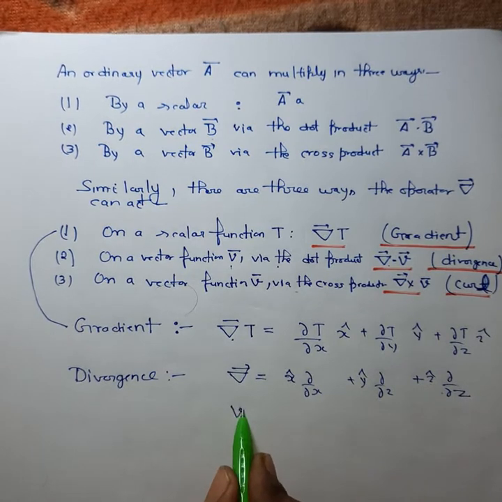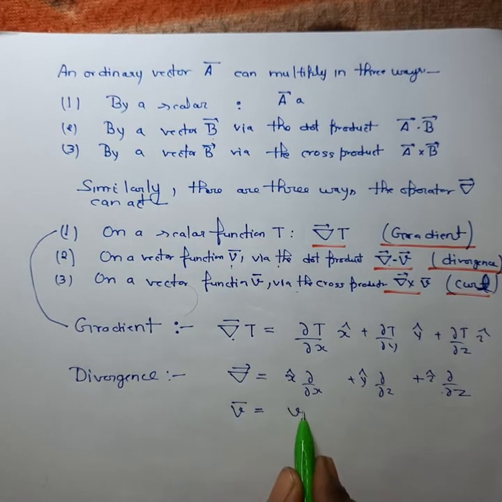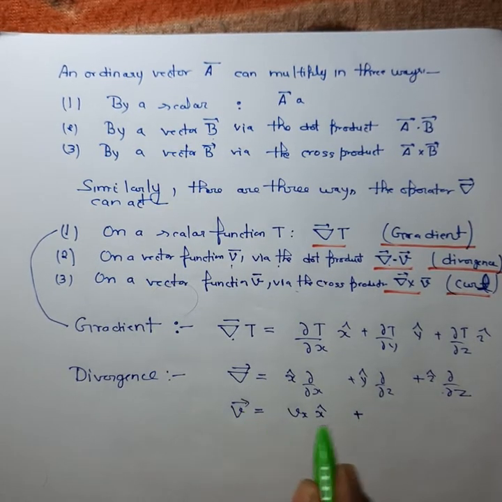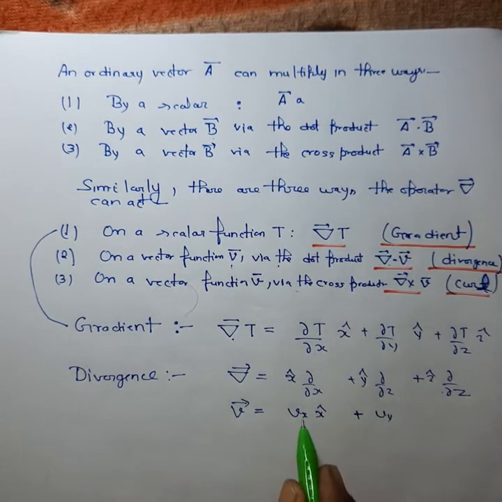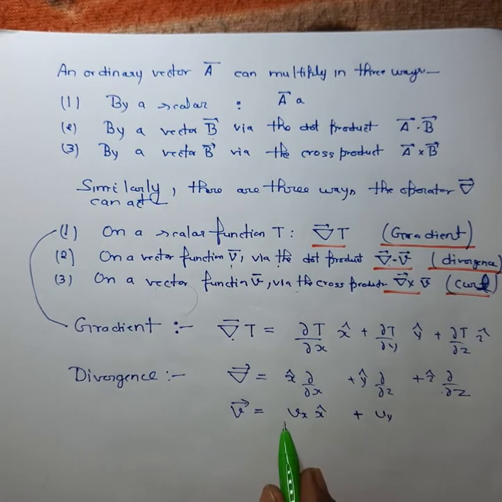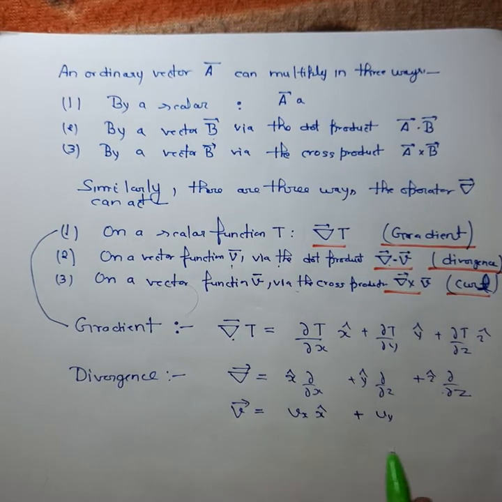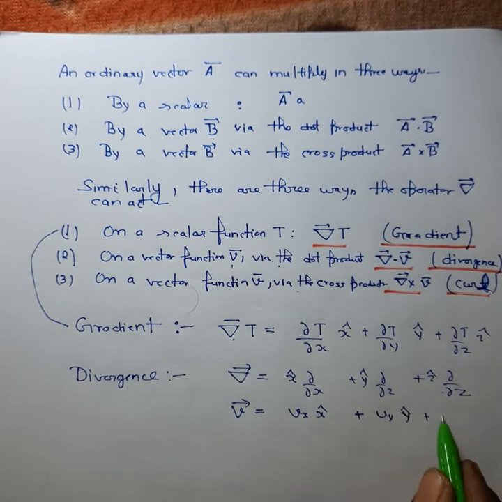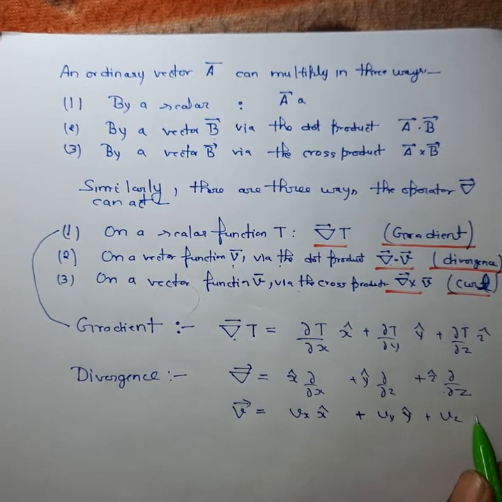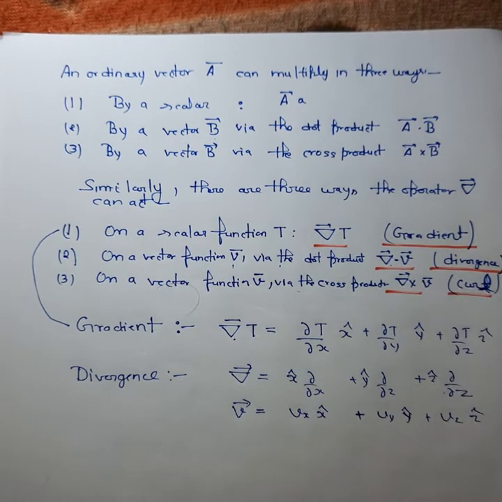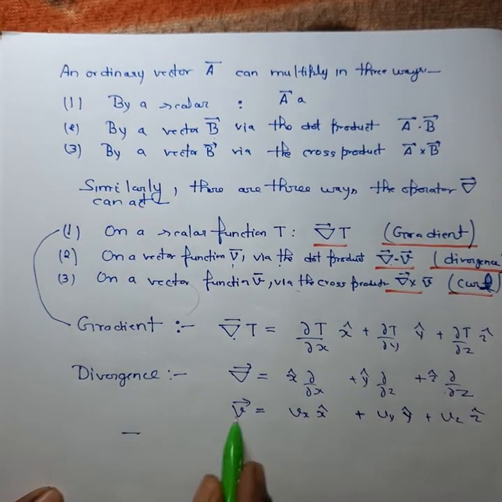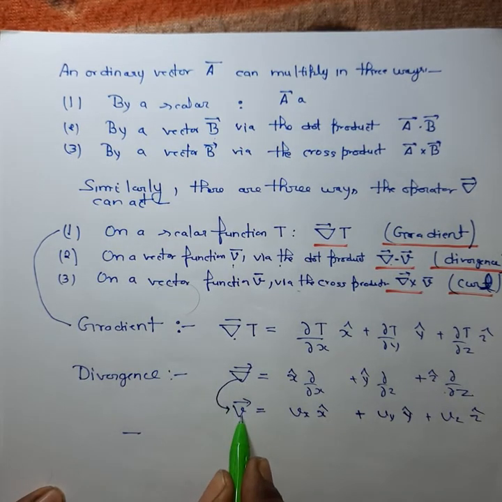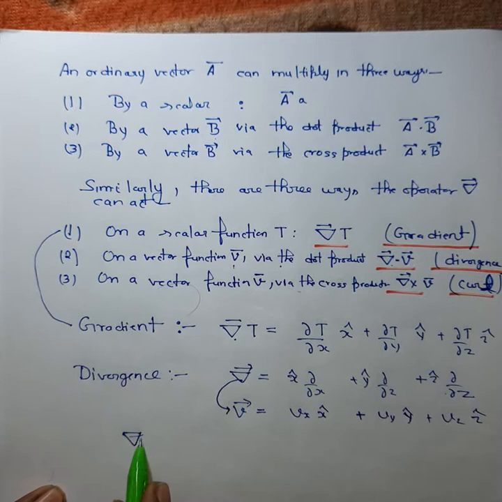And let's assume that v is some vector function, with vx as its component along the x direction, vy along the y direction, and vz along the z axis. Okay, so this del can operate on this vector function v by a dot product.